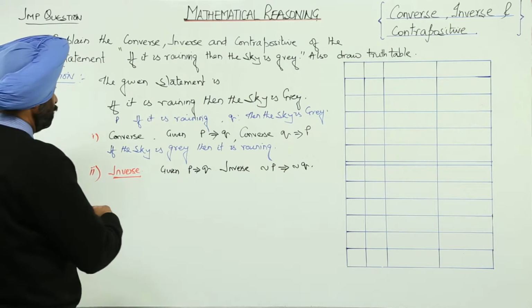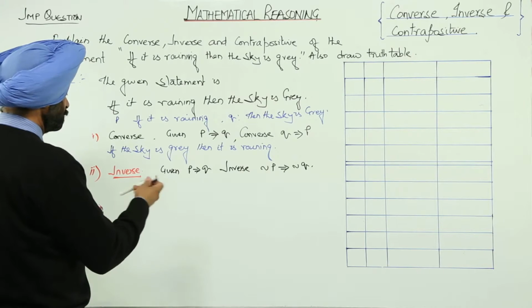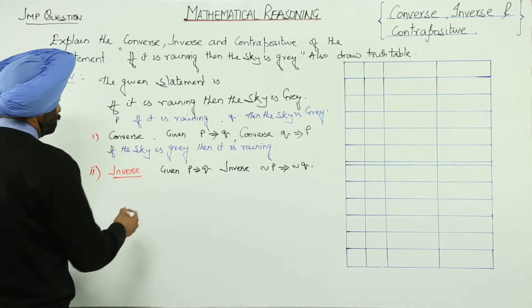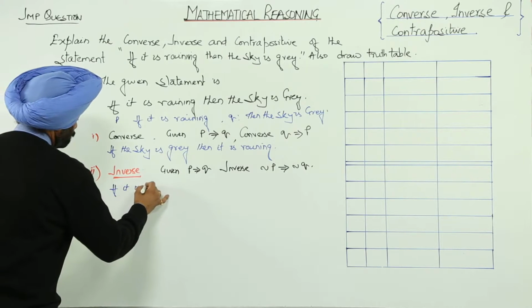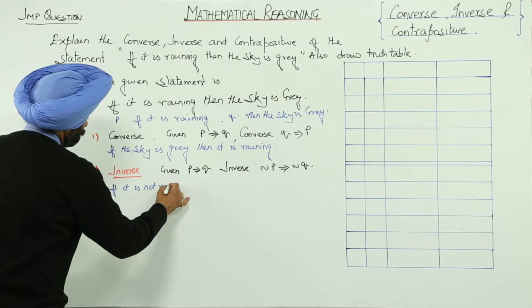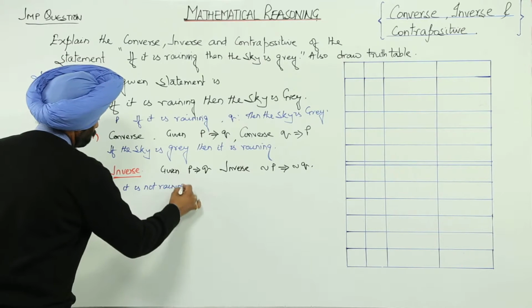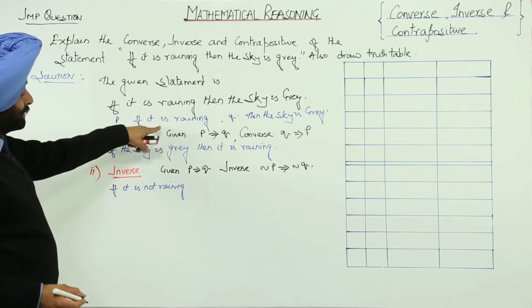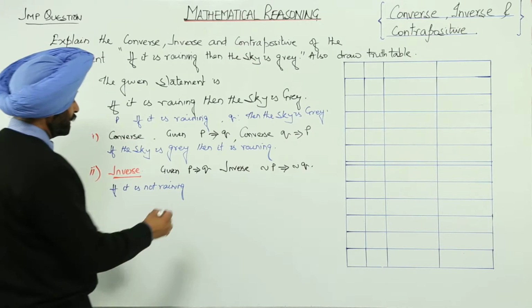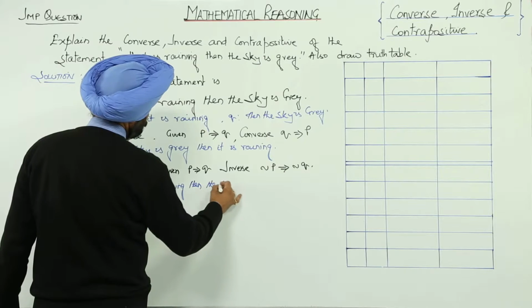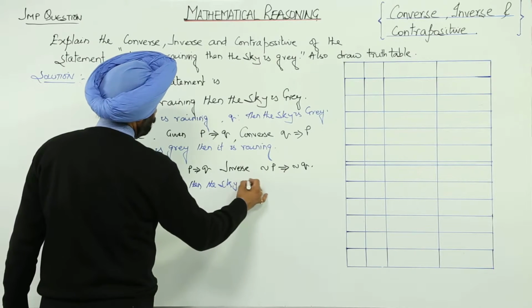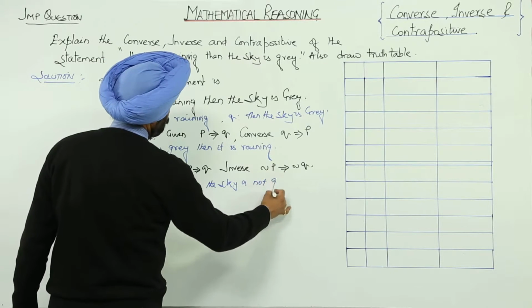Now here the statement will become, if it is not raining, negation of P, it is raining. So if it is not raining then the sky is not grey.